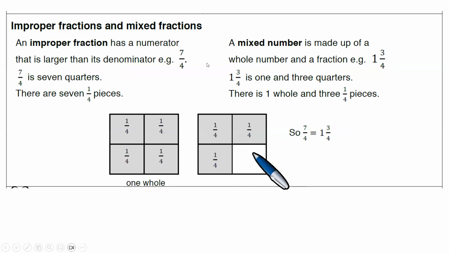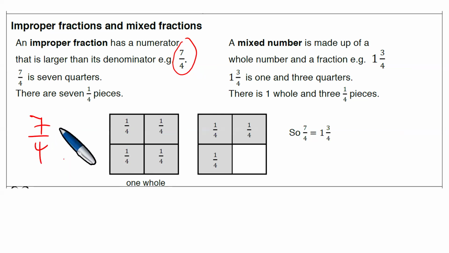There are certain things we call improper fractions and mixed fractions. An improper fraction has a numerator that is larger than the denominator. Improper means that you have 7 to 4, the numerator is bigger.